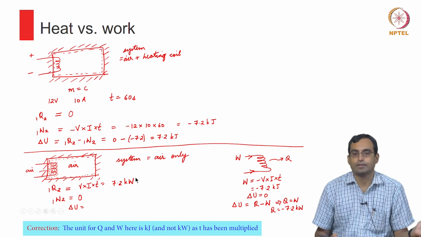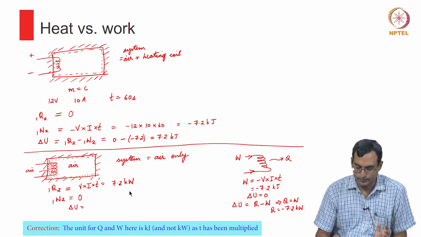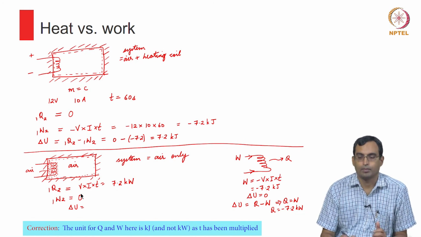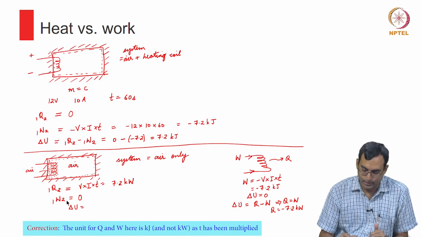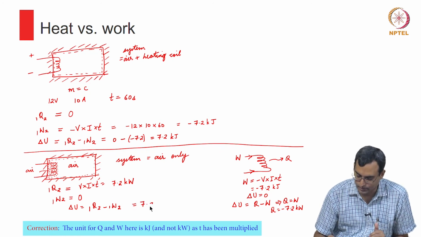So, I have heat entering my system containing only air, which is positive. Work interaction is 0 because there is no work here, and delta U is 1Q2 minus 1W2. This is 0, this is 7.2, which comes out to be 7.2 kilowatt.